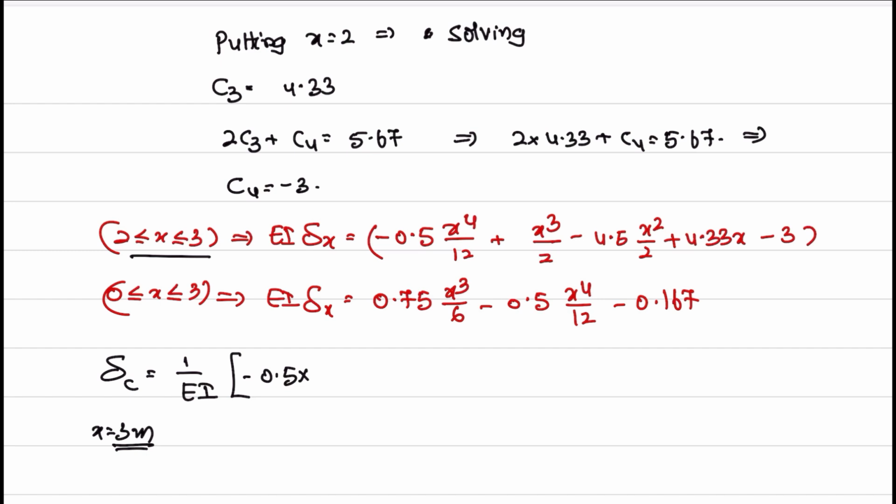Minus 0.5 into 3 to the power of 4 by 12 plus 3 to the power of 3 by 2 minus 4.5 into 3 square by 2 plus 4.33 into 3 minus 3.